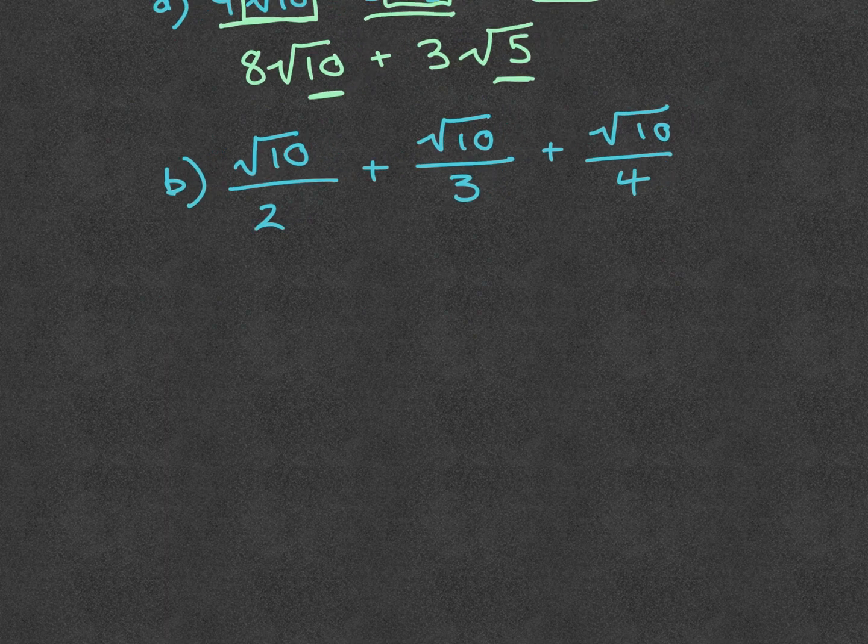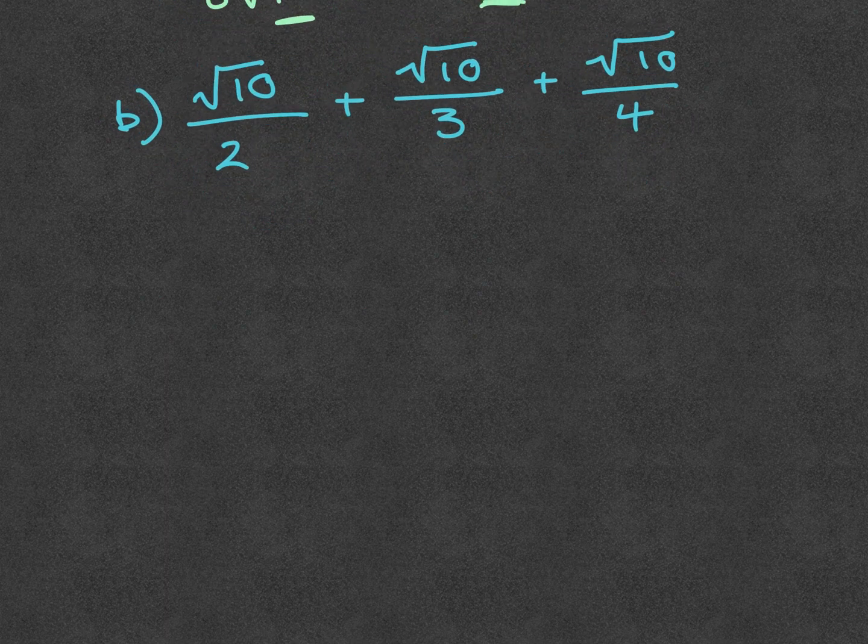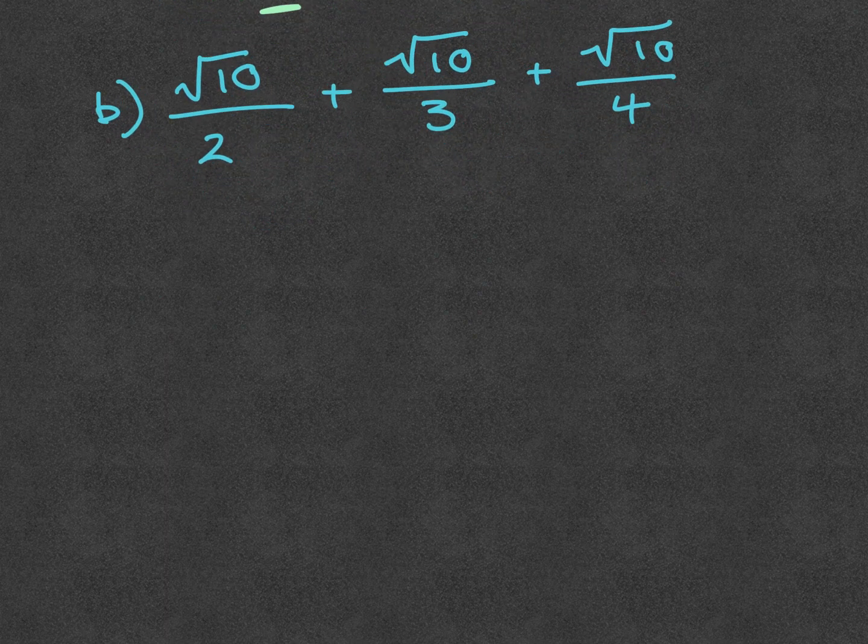Now the second example that I've got here, all of the surds are written as fractions. So the first thing that we need to remember when we're adding fractions together is that the denominator, this bottom number on each fraction, needs to be the same. Okay.